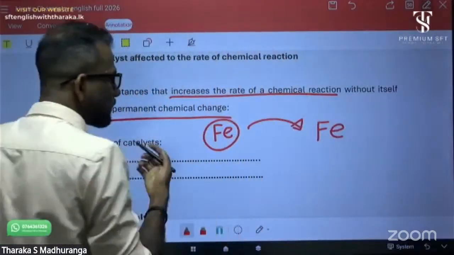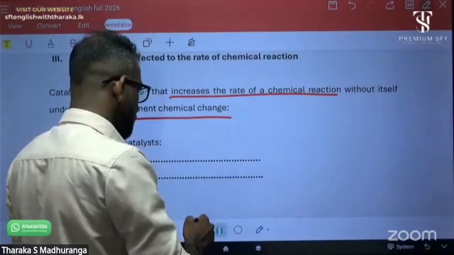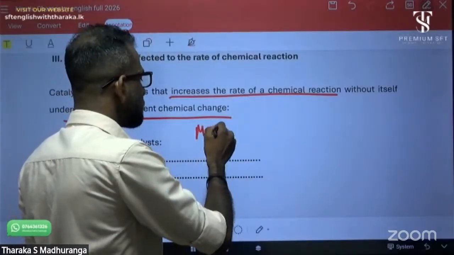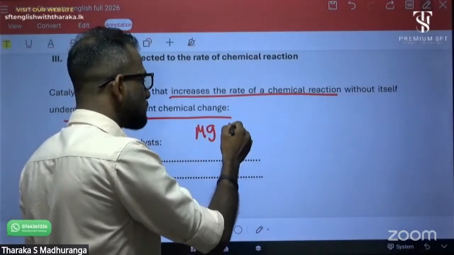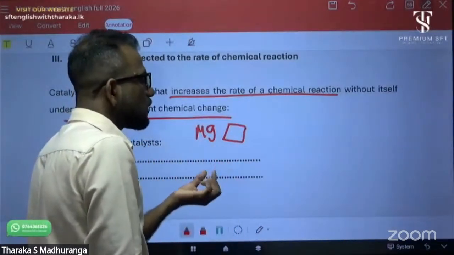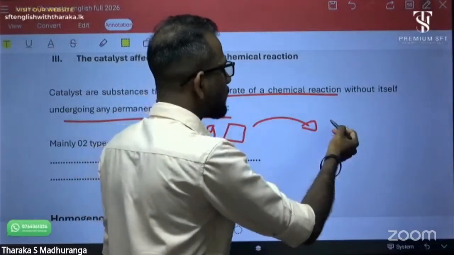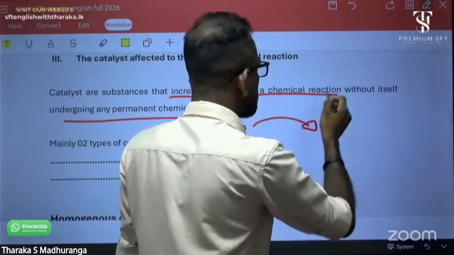If you introduce a magnesium solid strip into a chemical reaction as a catalyst, it's okay to convert into powder, right?